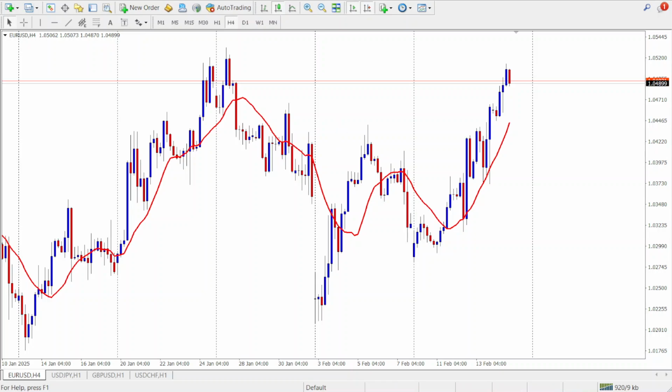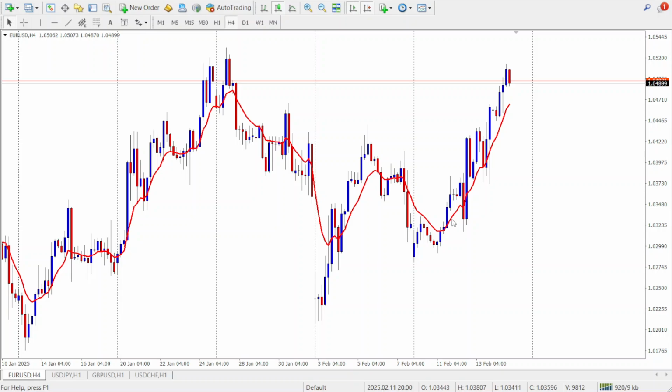Now let's break down the three key moving averages used in this strategy and how they work together. For our short-term moving average, which is the fast moving average, which captures short-term price action and reacts quickly to market movements, we're going to be using the 9-period EMA.